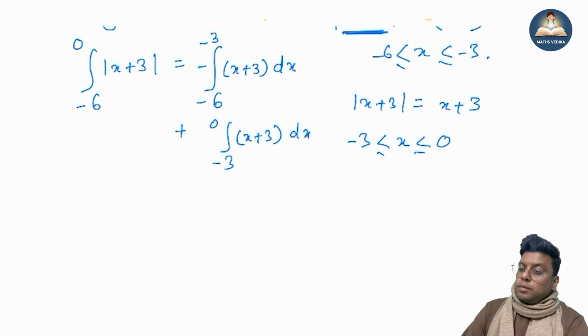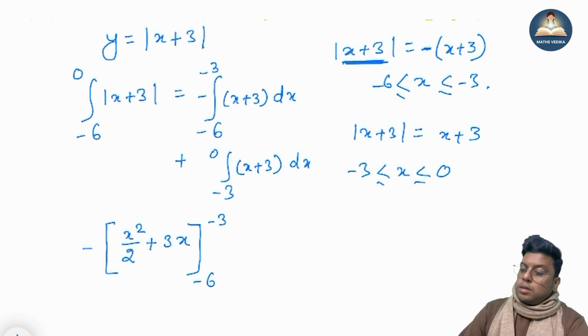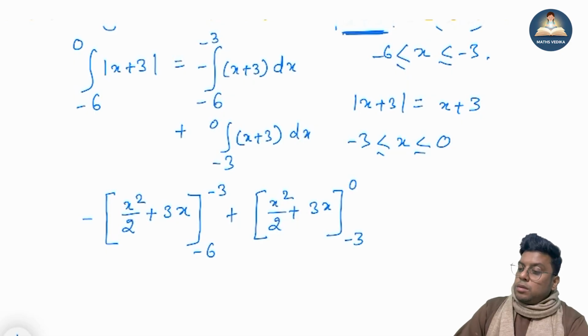Now we know that the integration of x is x²/2 and the integration of 3 is 3x. From -6 to -3, with a minus sign, plus again x²/2 + 3x from -3 to 0.